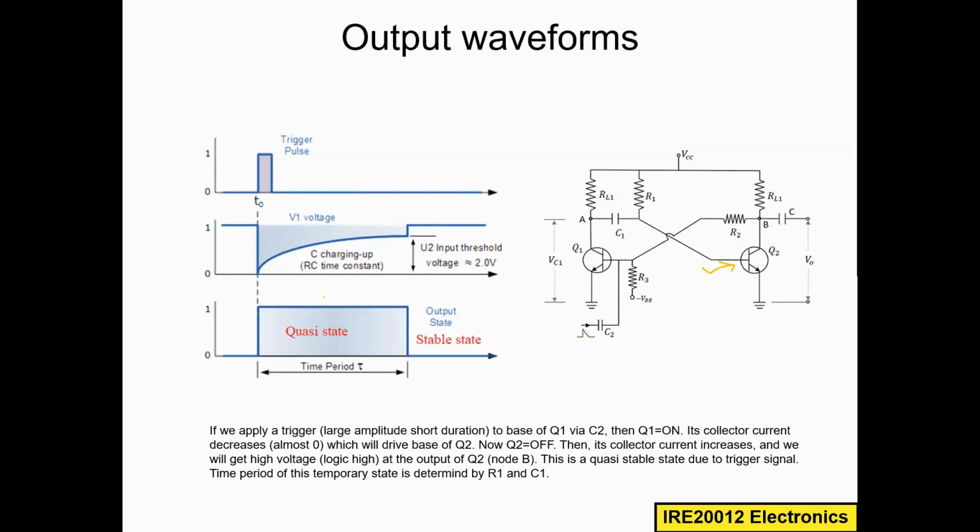So the temporary state is based on the capacitor charging time. You can read this text, but the output waveforms are like this. Q1 and Q2 are always in opposite operation. If Q1 is off, Q2 will be on, and the other way around.